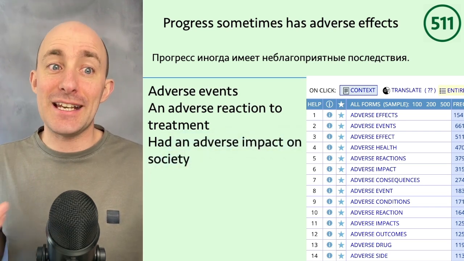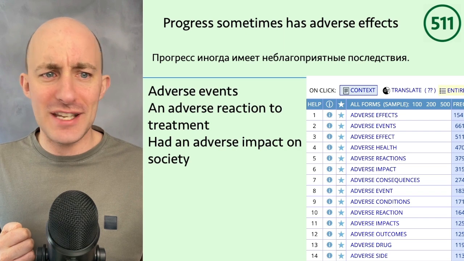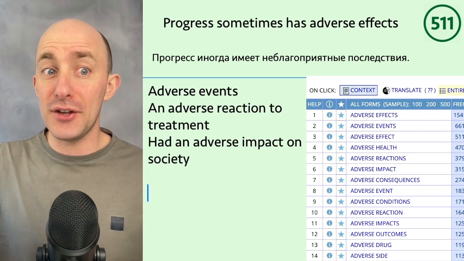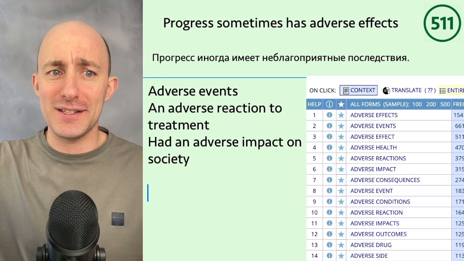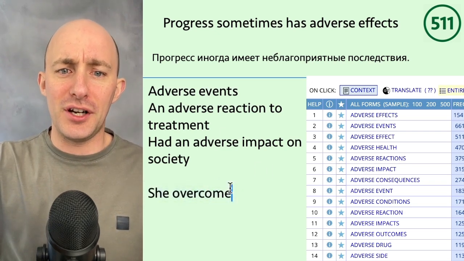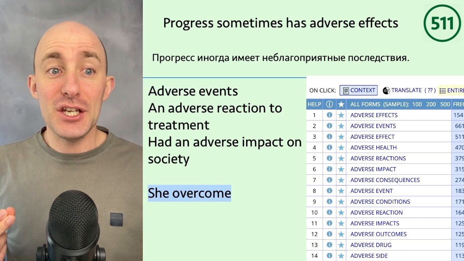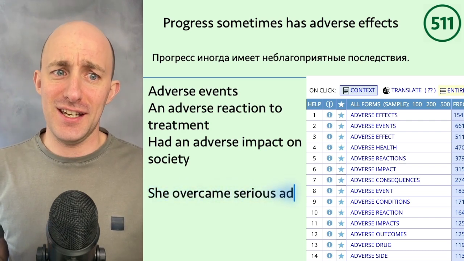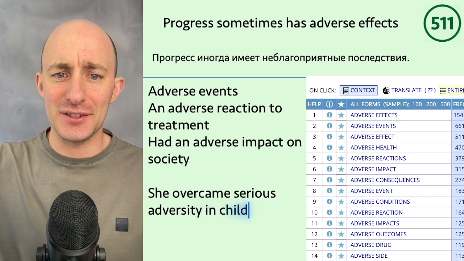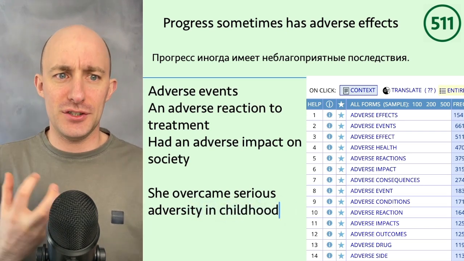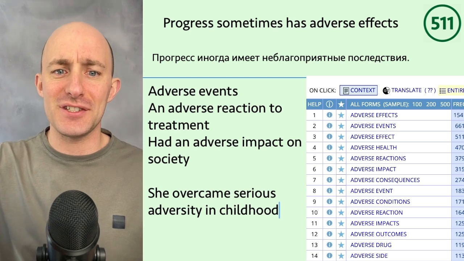So instead of saying negative impact, say adverse impact. That sounds sophisticated. And then we also use the noun adversity quite often. She overcame serious adversity in childhood, for example. Adversity. Difficult circumstances. That's adversity.